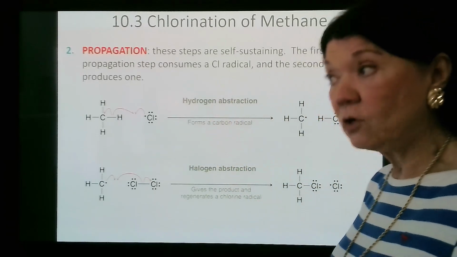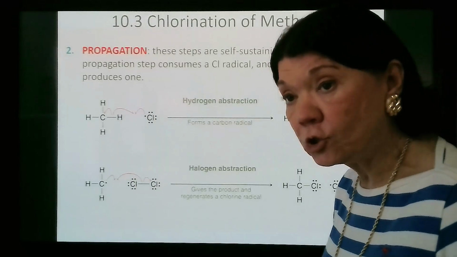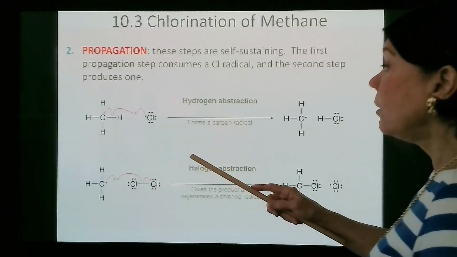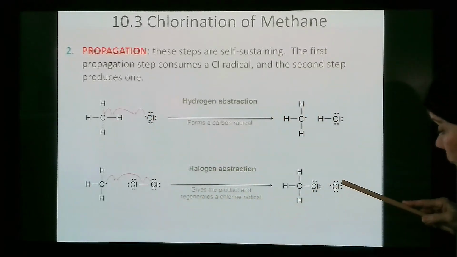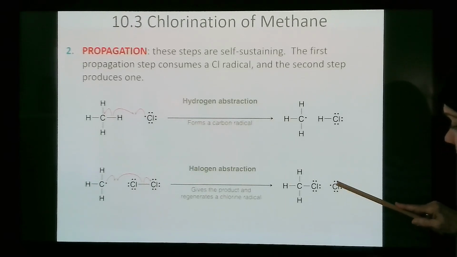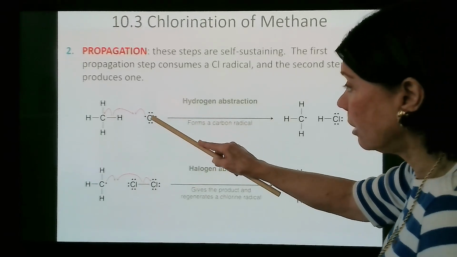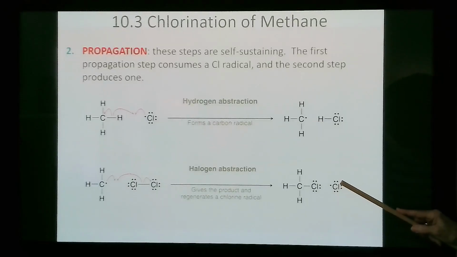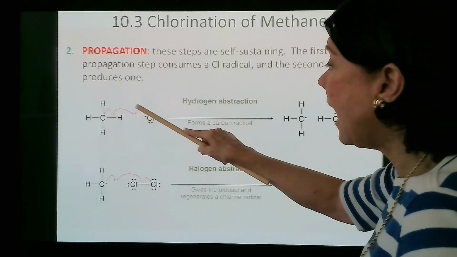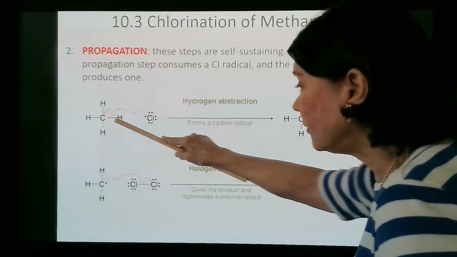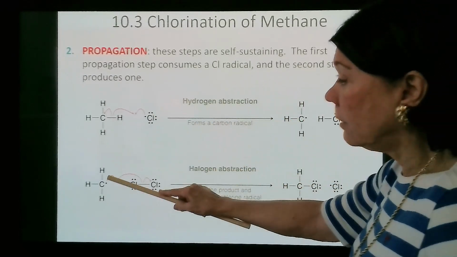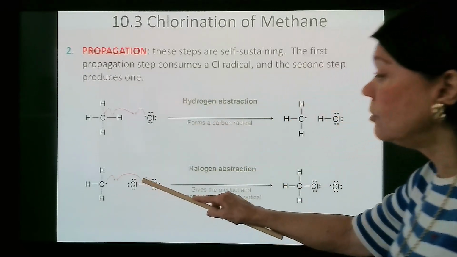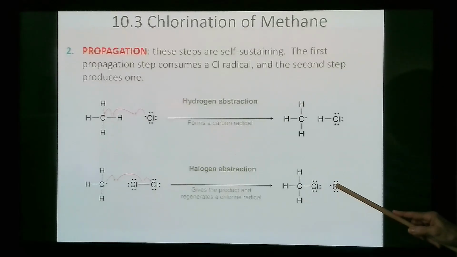And the other thing is, in order for them to be true propagation steps, whatever it is, here's the radical up here that reacts with your reactant, it has to be regenerated down here. So your radical that you needed to start the reaction is regenerated down here. So this goes back up here, and it reacts with another molecule of your reactant, and it forms, once again, the methyl radical and HCl, and then the methyl radical reacts with chlorine, your reactant, to generate your product, and Cl dot.